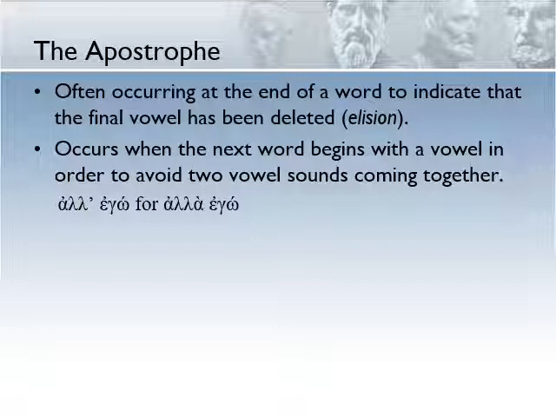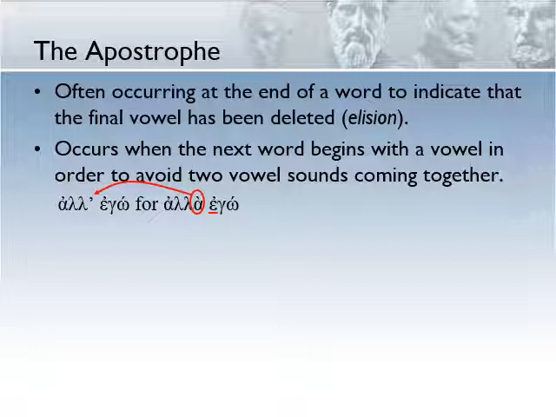It's easier to pronounce, and Greek in printed texts will represent that elided alpha by the presence of an apostrophe. So there is our epsilon, our vowel in the second word. Here's the alpha in the first word. It is that alpha that has elided and is replaced with this apostrophe.